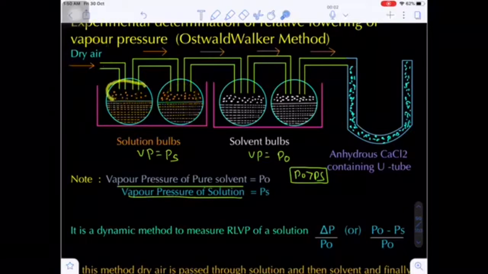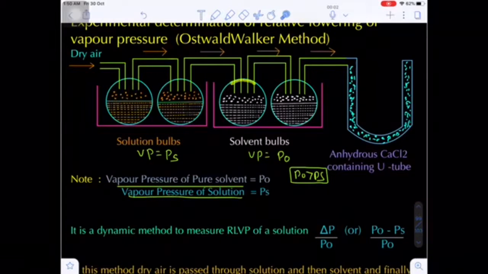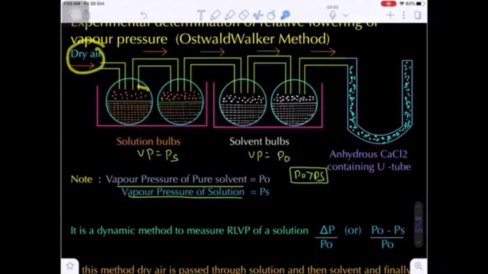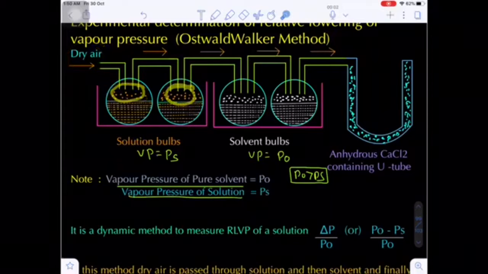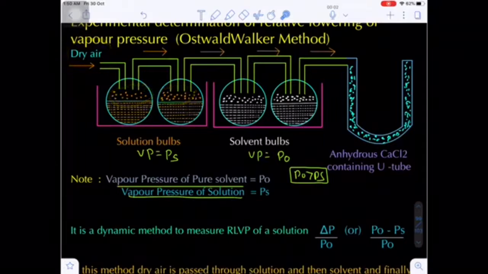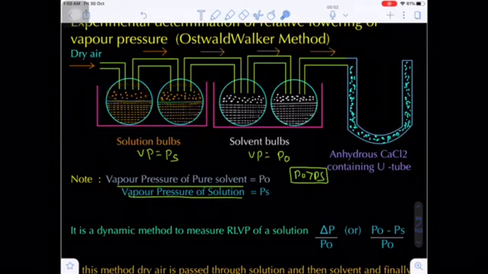When the dry air catches the vapor and it is sent into the next bulb, the solvent bulb, the dry air is saturated with the vapor of the solution bulb, due to which the vapor in the bulb decreases, because this vapor was captured by whom? Dry air. Due to which the weight of the solution bulb, what happens? Decreases. How much the weight of a solution bulb decreases, that is proportional to the vapor pressure of the solution.